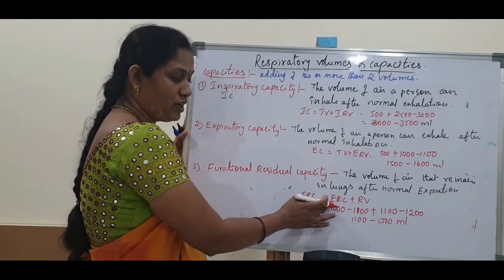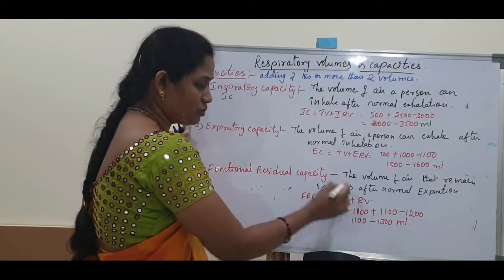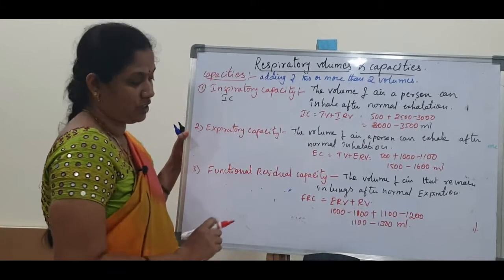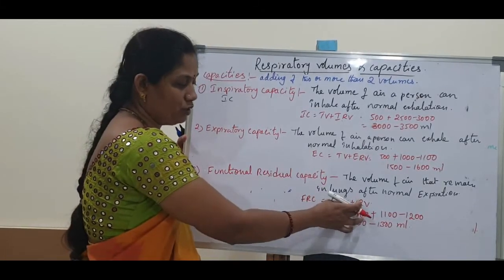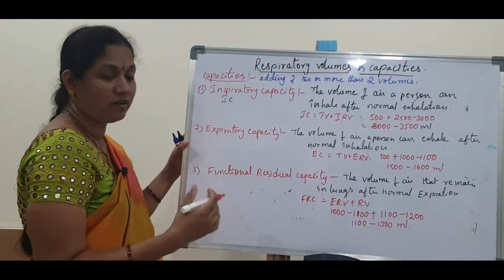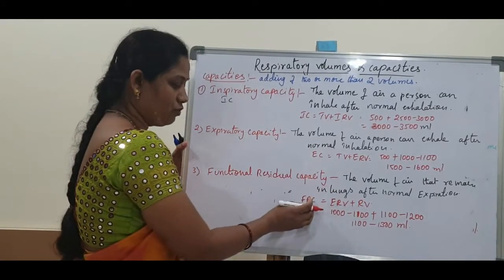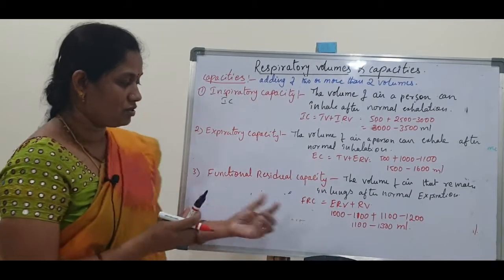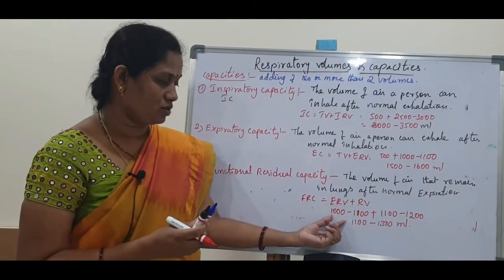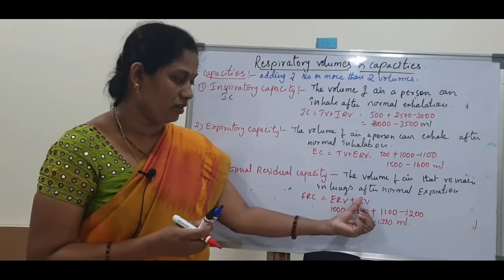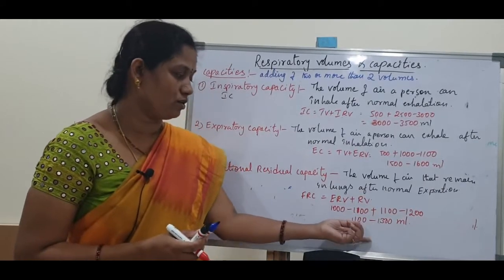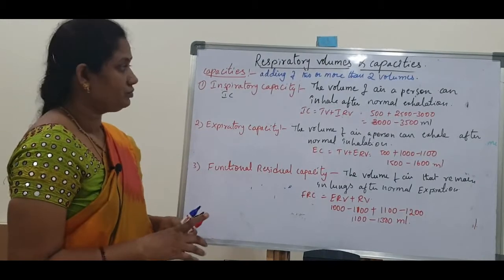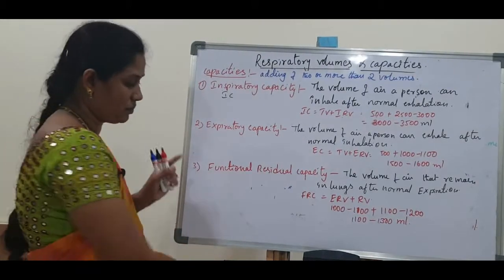The expiratory reserve volume plus residual volume are stored in our lungs; these together form the functional residual capacity. Here ERV is 1000 to 1100, RV is 1000 to 1200, total 2000 to 2300 ml. So these are the three capacities.